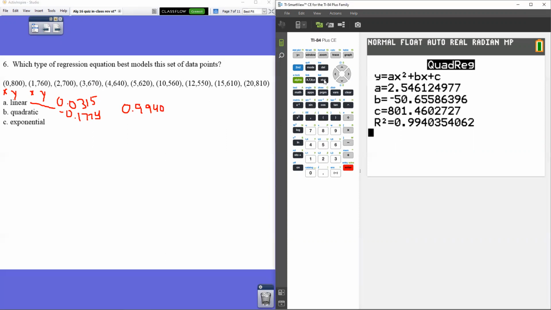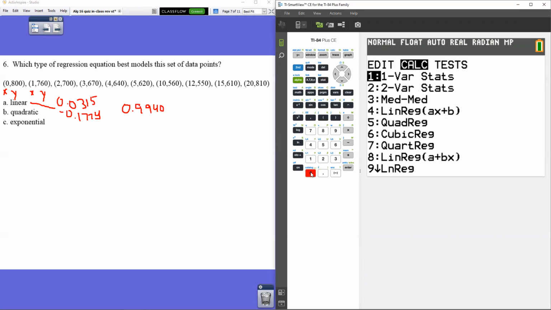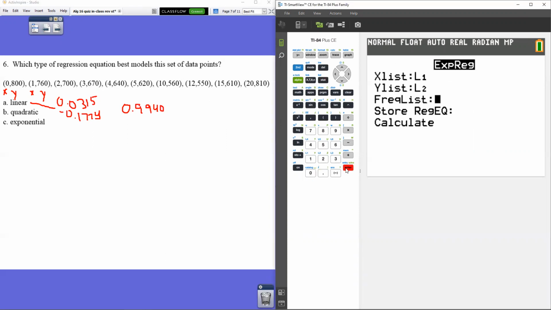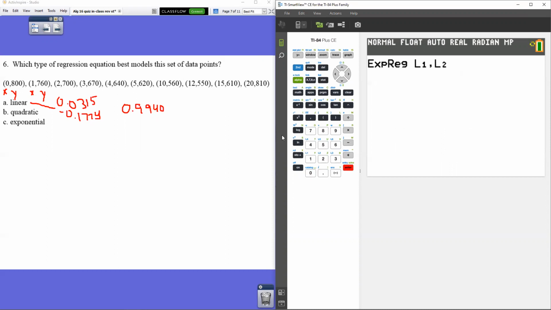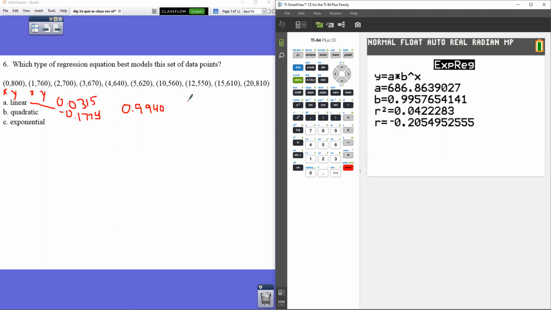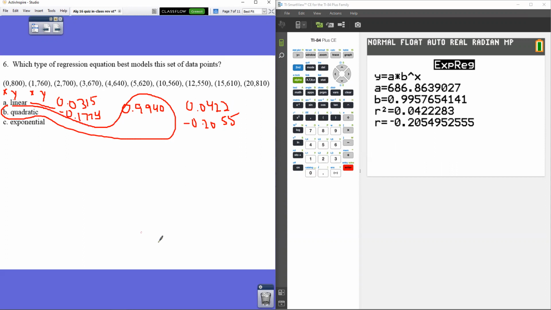And for stat calc number 0, the exponential regression, we get an R value of 0.0422 and -0.2055. So which one is closest to 1 or -1? It would be the quadratic, which is this 0.99. 0.99 is closest to 1.